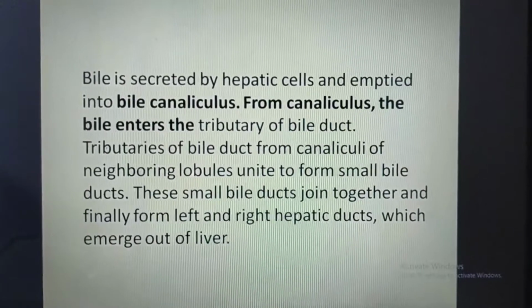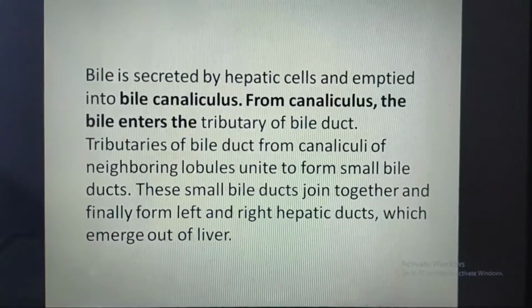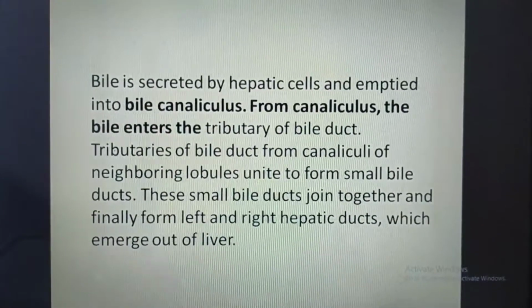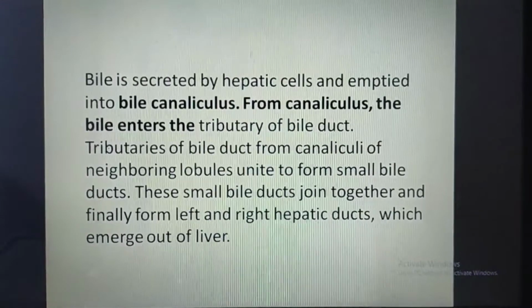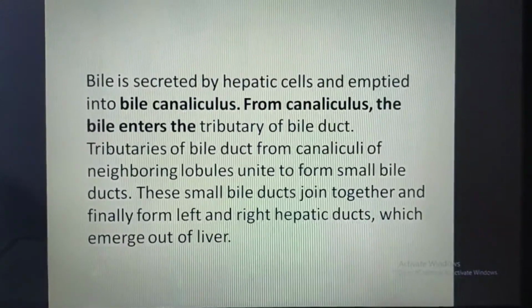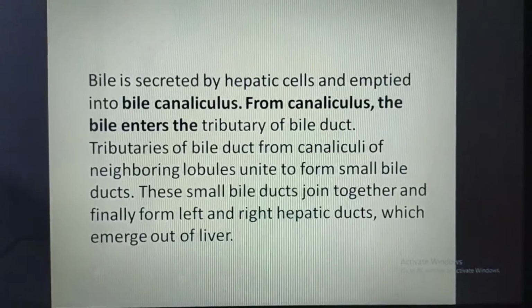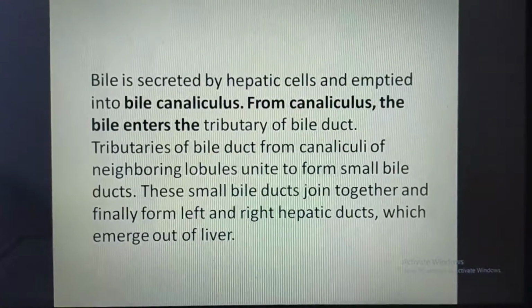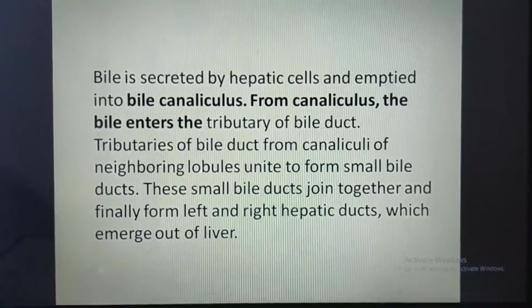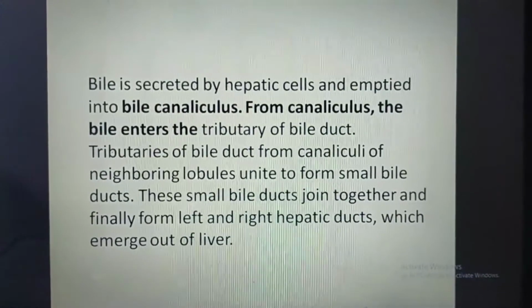Bile is secreted by hepatic cells and empties into bile canaliculus. From canaliculus, the bile enters the tributary of bile duct. Tributaries of bile duct from canaliculi of neighboring lobules unite to form the smaller bile ducts. The small bile ducts join together and finally form left and right hepatic ducts, which emerge out of the liver.